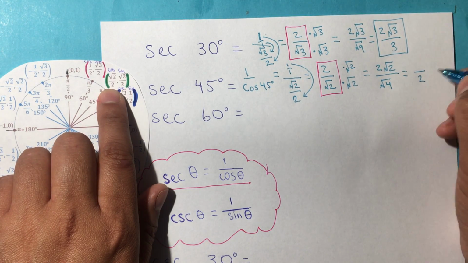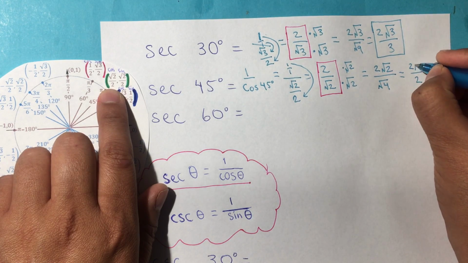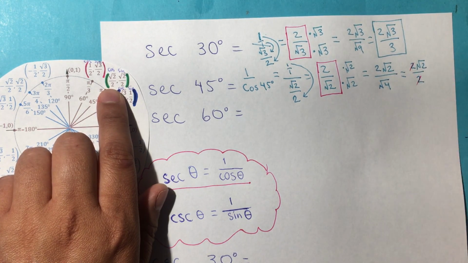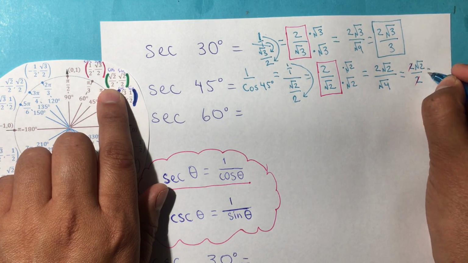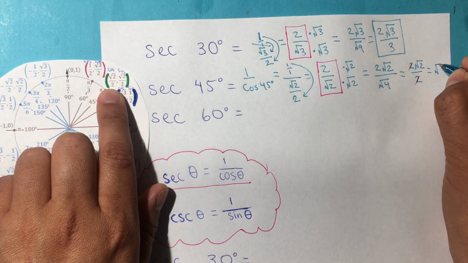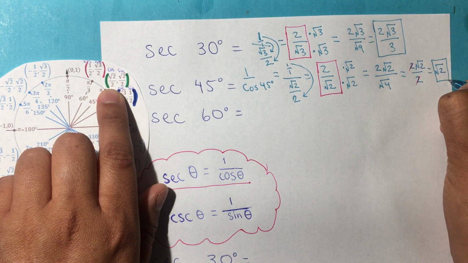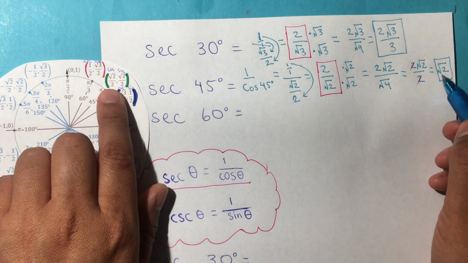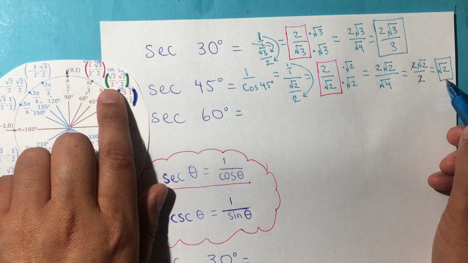Square root of 4 is 2. But 2 divided by 2 is 1, and 1 times square root of 2 is just square root of 2. So again, if they don't ask you to simplify, this is the answer. If they ask you to rationalize or simplify, this would be the answer.